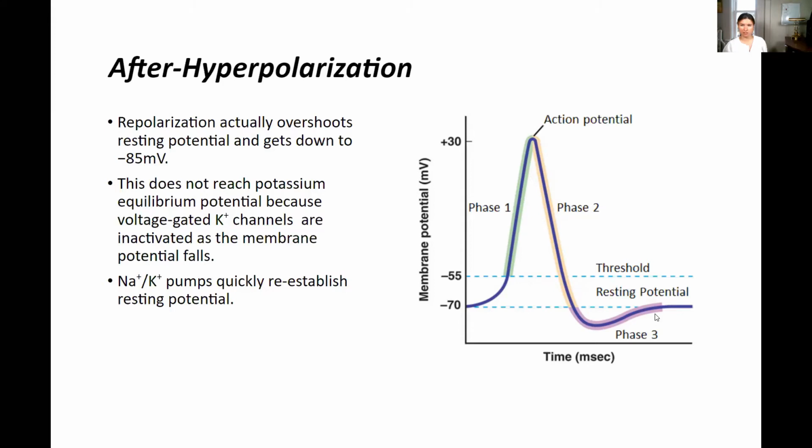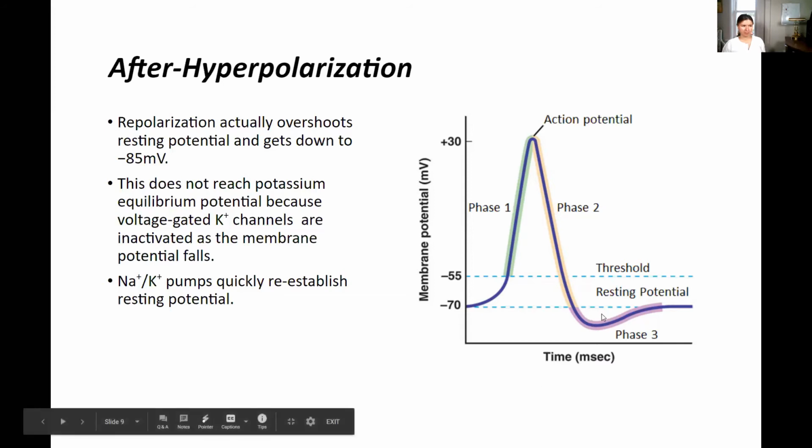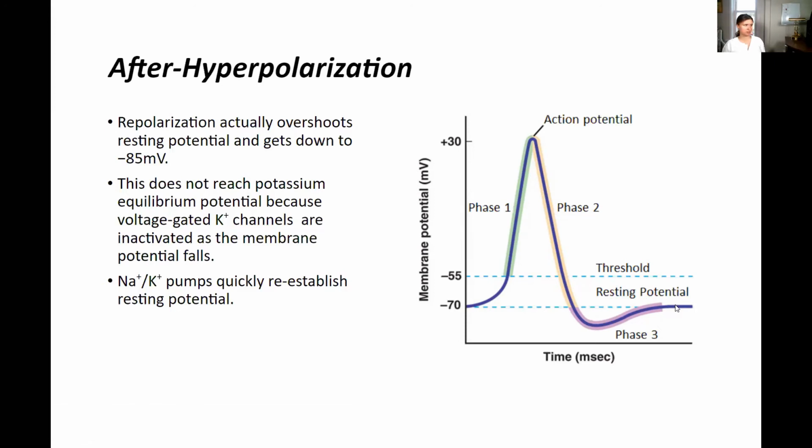And then this third phase where we have this after-hyperpolarization. This after-hyperpolarization is happening because the repolarization actually overshoots. The number isn't super important here, but we do get down to about negative 85 millivolts before the sodium potassium pump manages to restabilize us and get back to the resting potential.